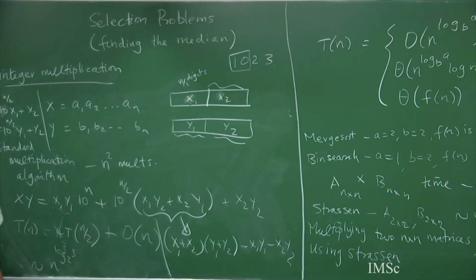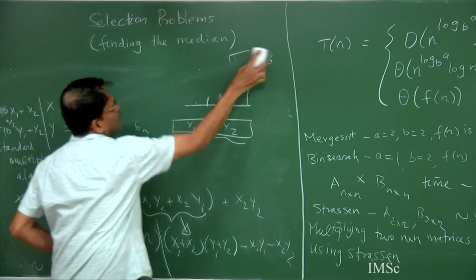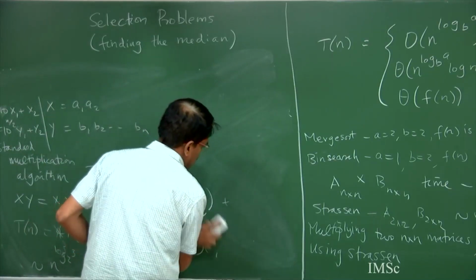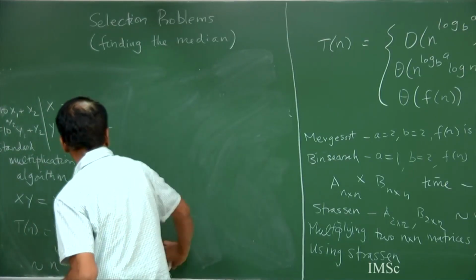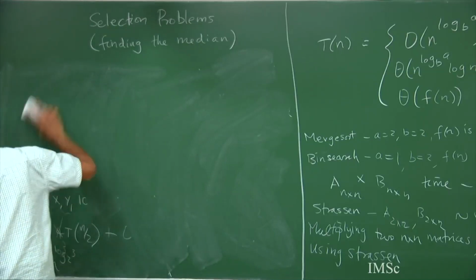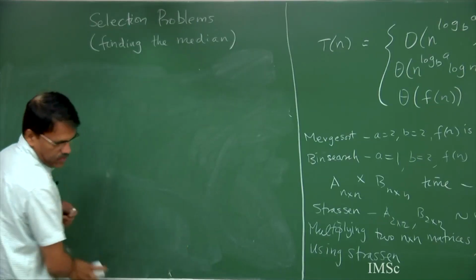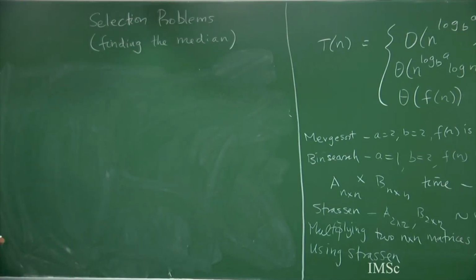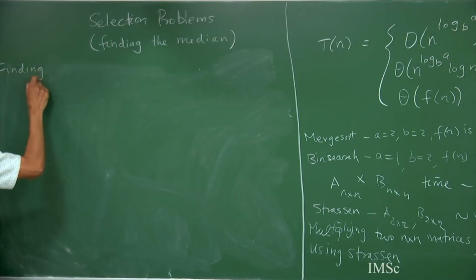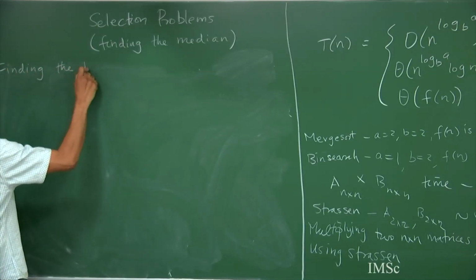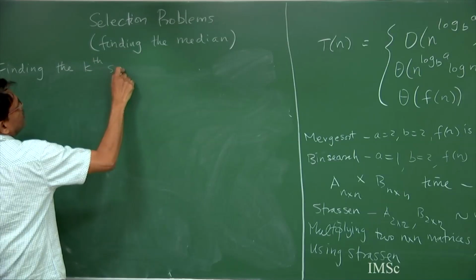So now I want to get to our problem of finding the median of a list of n numbers. More generally, I want to find the kth smallest element.